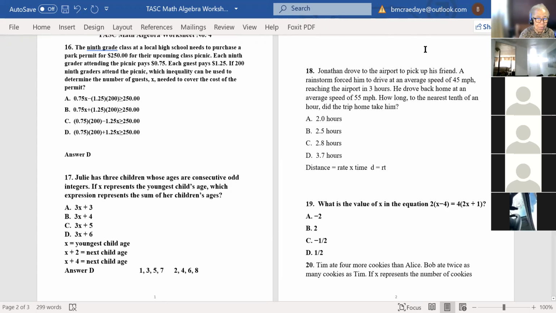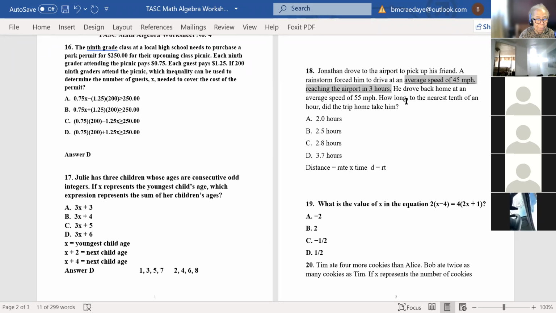So I'll tell you the steps to take, and I want you to solve this one. I'm not going to solve it. I'll just tell you. At a speed of 45 miles per hour and reaching the airport in 3 hours, what is the distance? You can find the distance to the airport.